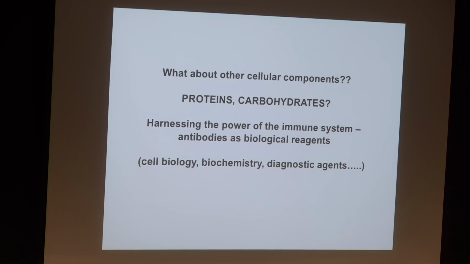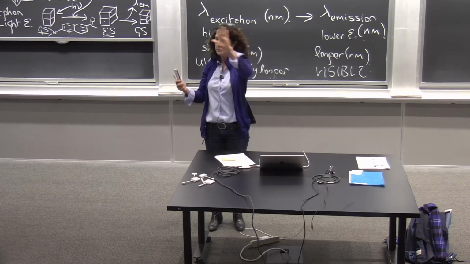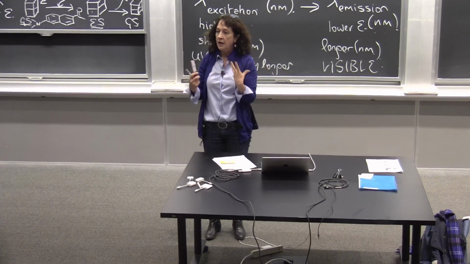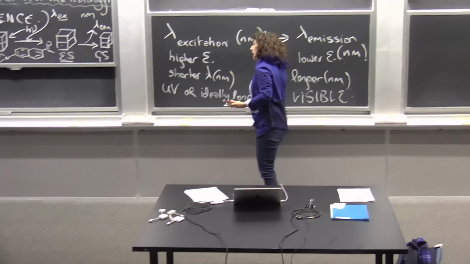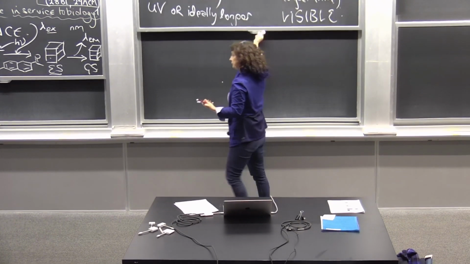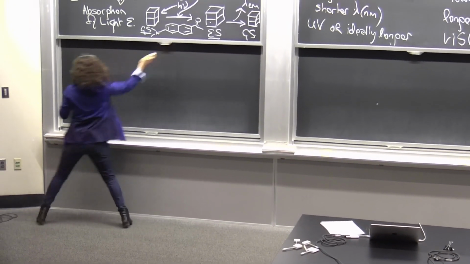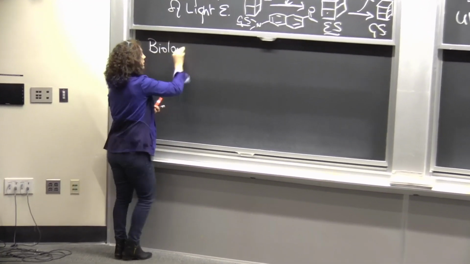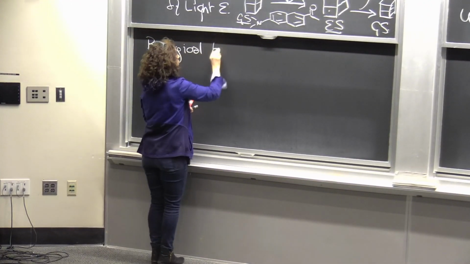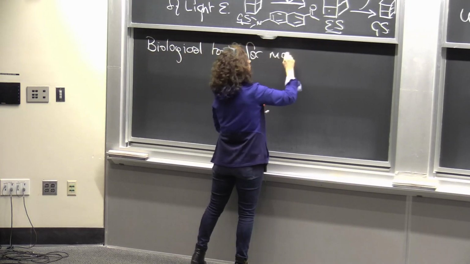So the key thing, though, about biology is we have so many other entities within a cell that we want to be able to track and monitor. And what we've needed, what is absolutely essential, are reagents to do that. So I want to talk to you about biological tools for monitoring.